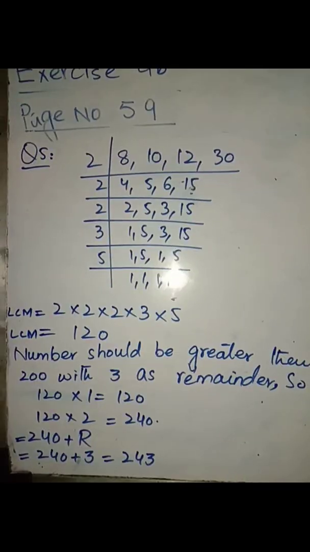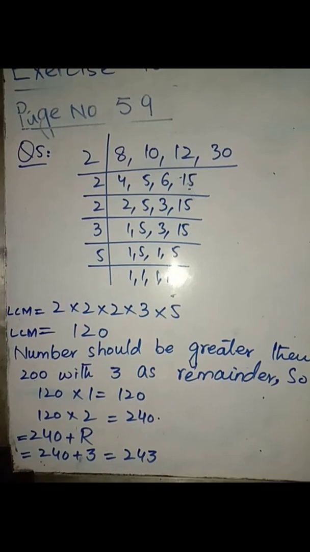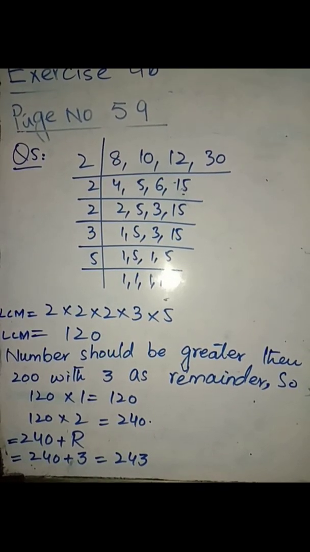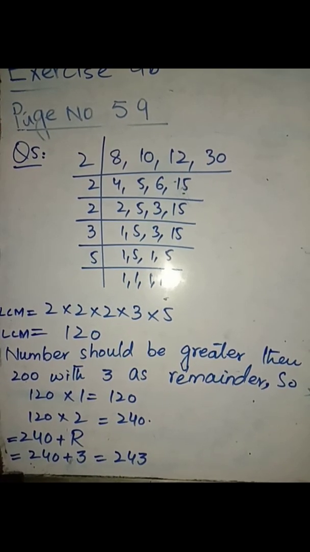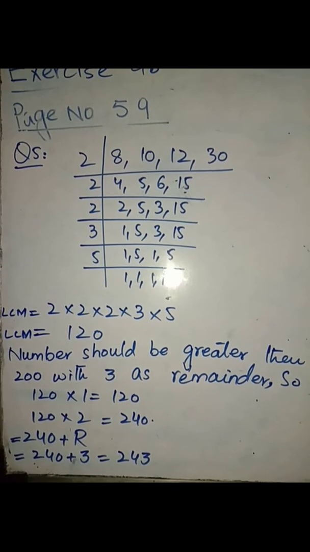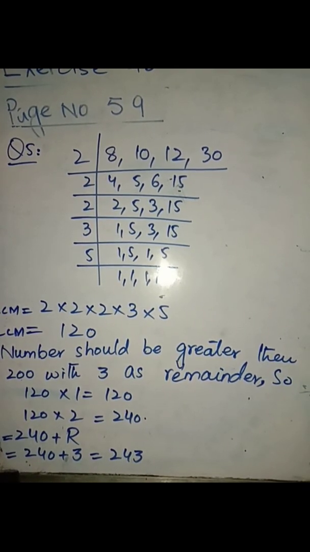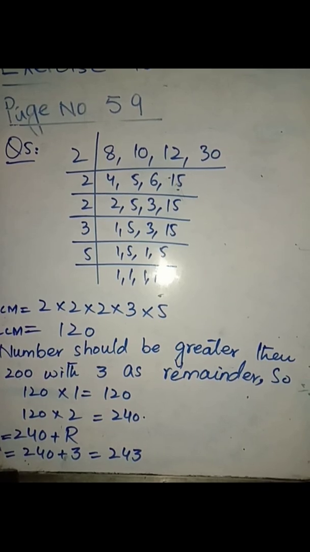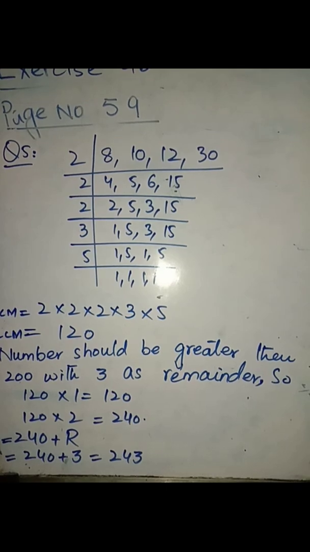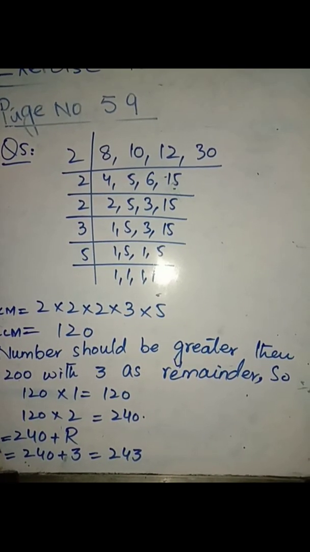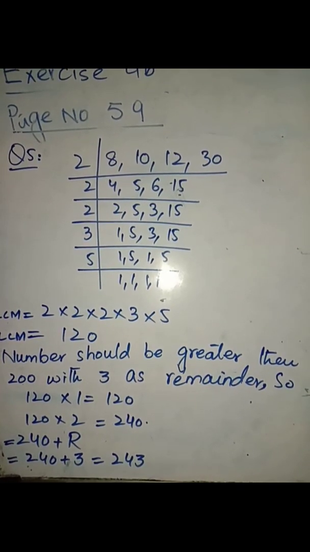Let's have a look. First of all, we take the LCM of 8, 12 and 30, starting with 2. By multiplying 2 times 2 times 2, 3 and 5, we got LCM equal to 120. But we are given that the number must be greater than 200 and less than 500. 120 ones are 120, which is not possible because it is less than 200. 120 twos are 240, which is greater than 200, but the remainder should also be added.